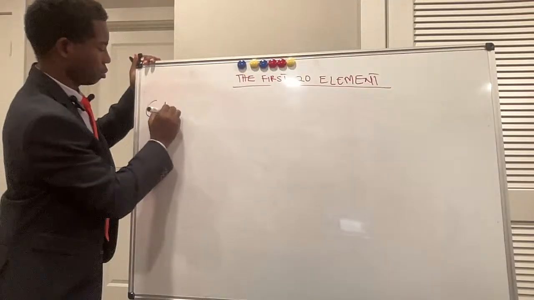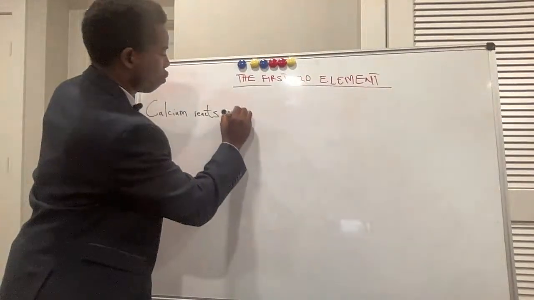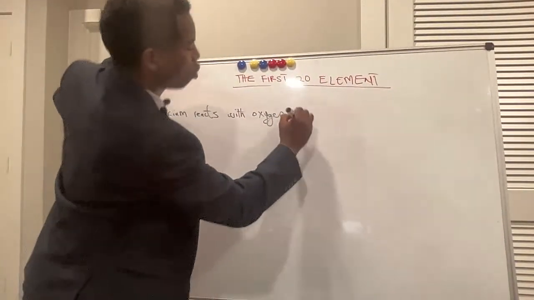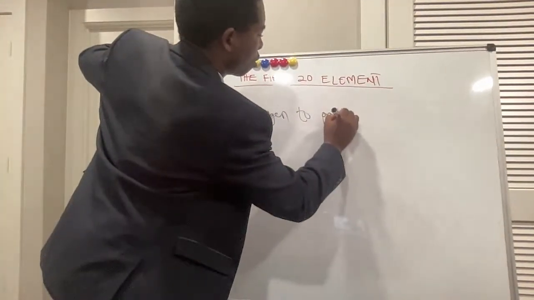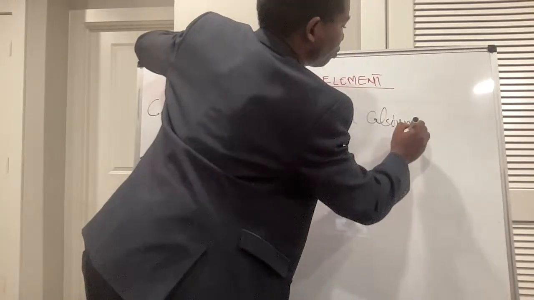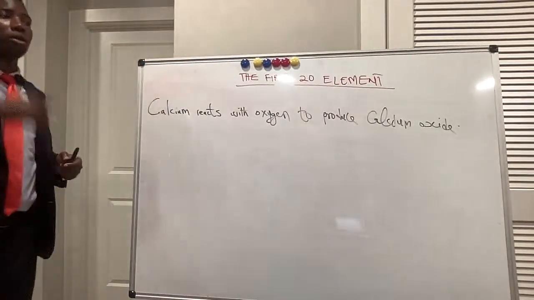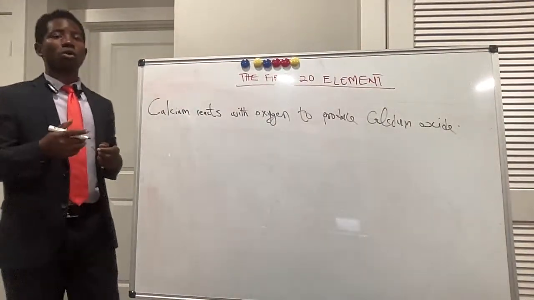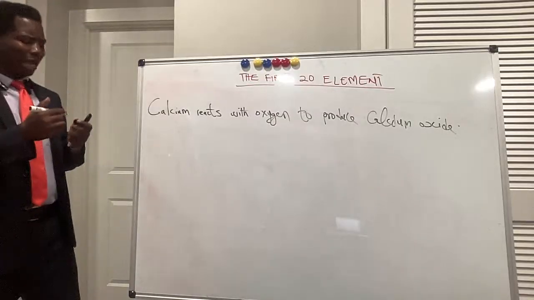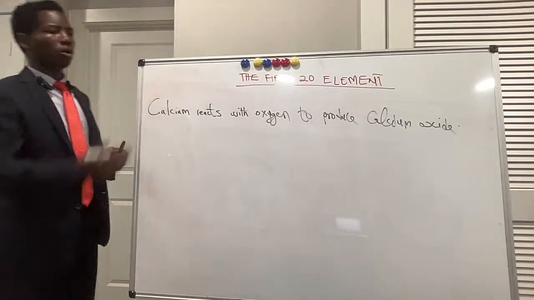Calcium reacts with oxygen to produce calcium oxide. Calcium oxide is a base. When metals are burned in air, they produce oxide. We have many types of oxide: acidic oxide and basic oxide. When non-metals like nitrogen burn, they produce what? Acidic oxide. This is a basic oxide.